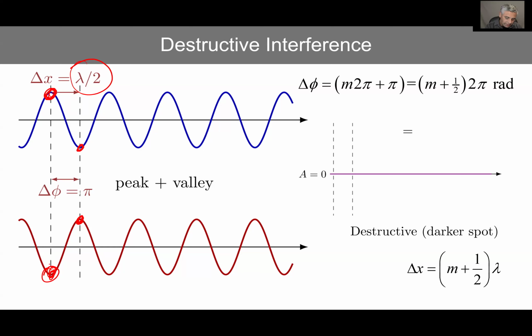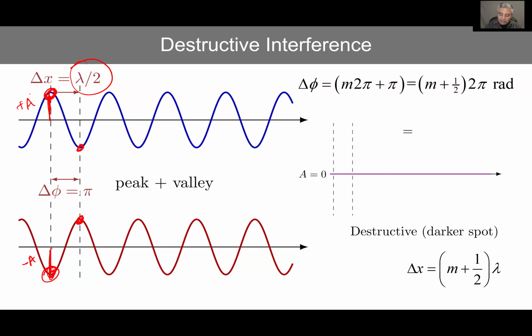So if this has amplitude negative A and this has amplitude positive A, what happens? When we add them, positive and negative have a canceling effect. We say that is destructive interference.